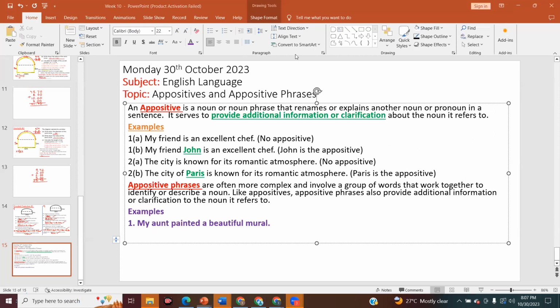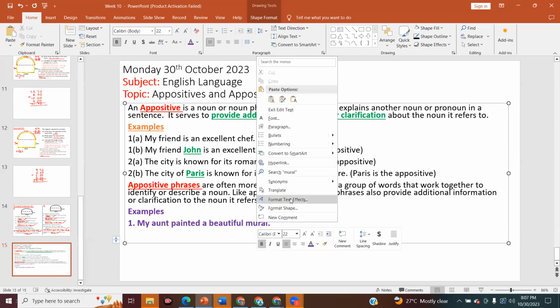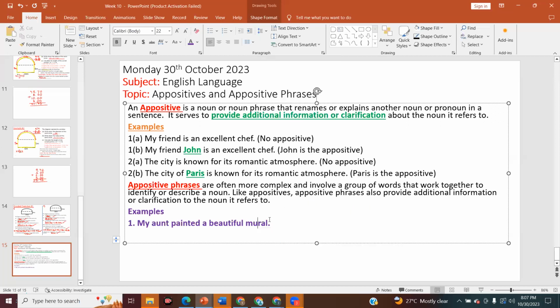My aunt painted a beautiful mural. What do we mean by mural? It's basically a wall painting.